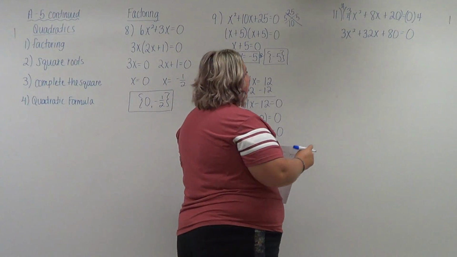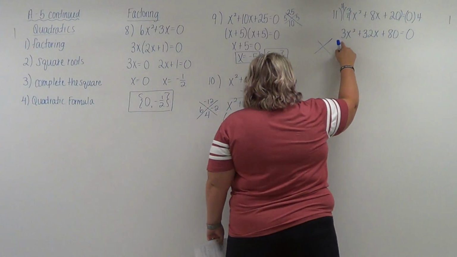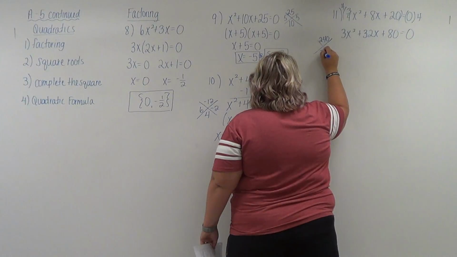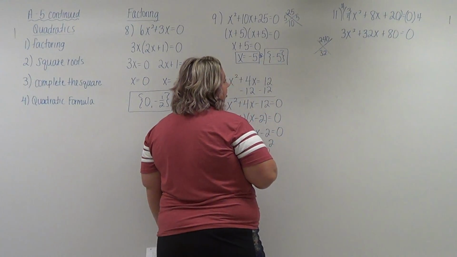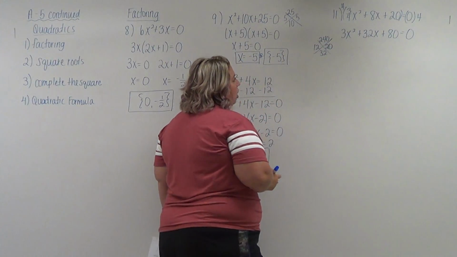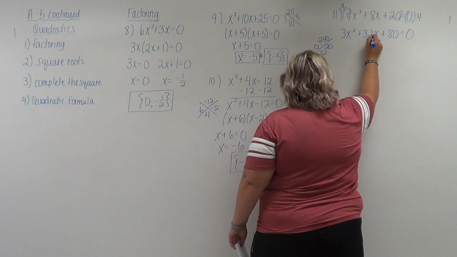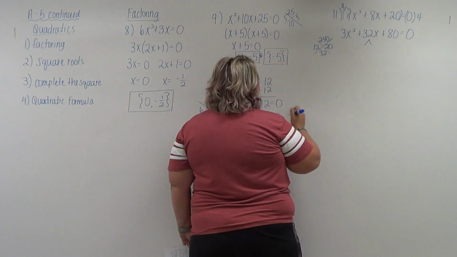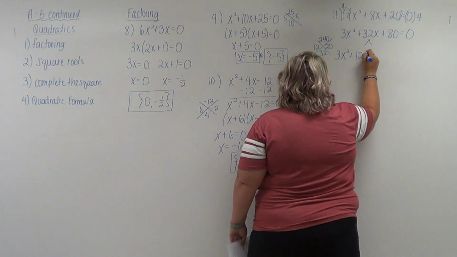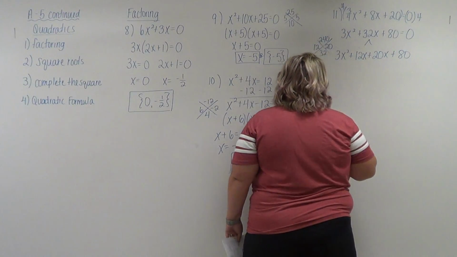So then it's a trinomial, so I'm going to make my x 3 times 80, 240. Add to get 32 would be 12 and 20. Okay, because there's a number in front of x squared, this is when you have to split the middle. So I'd have 3x squared plus 12x plus 20x plus 80.